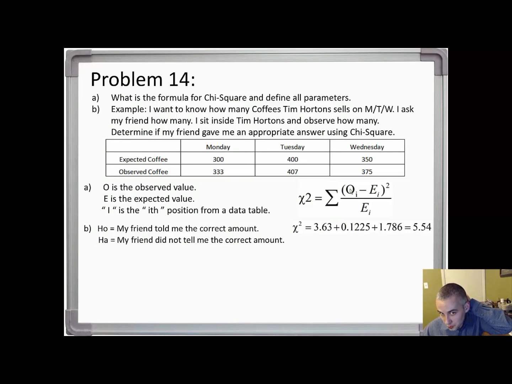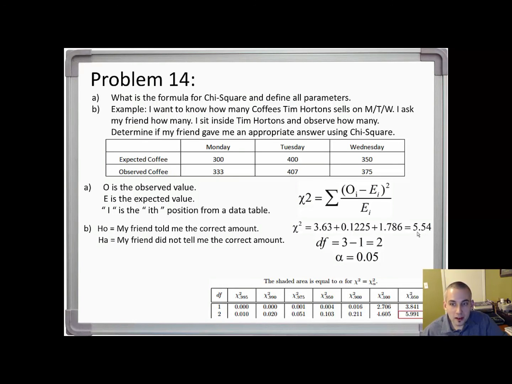And let's go ahead and input those values into the chi-square formula. Going through the first one, for Monday, observed 333, minus expected coffee, 300, I square it, take the difference, divided by 300, I get 3.63. I go ahead and do that with Tuesday's values and Wednesday's values. I calculate a total chi-square of 5.54.